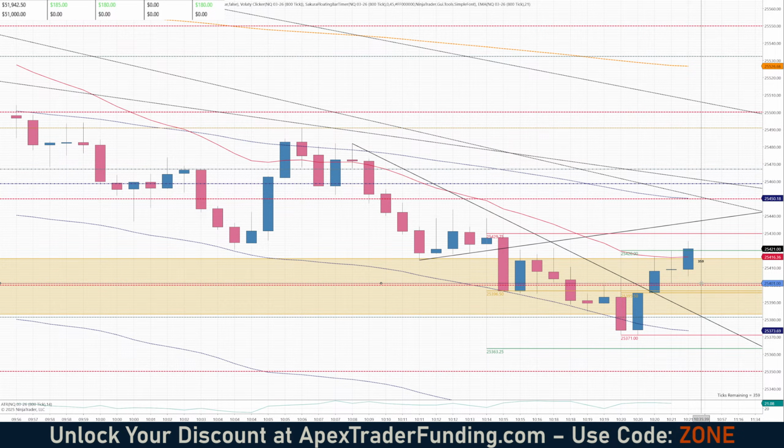All right, so I'm going to keep track of the runner on the bullish trade. This is technically a bullish signal. Might have missed it. Okay, we got stopped out.